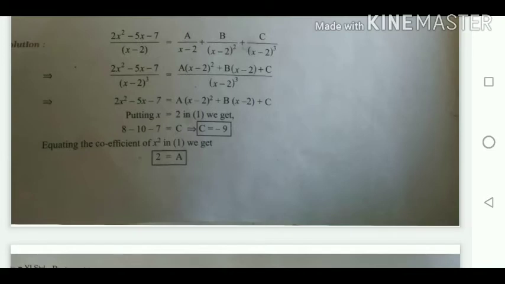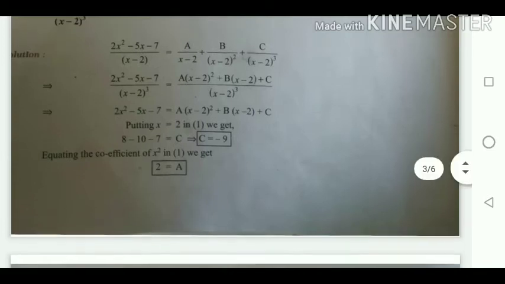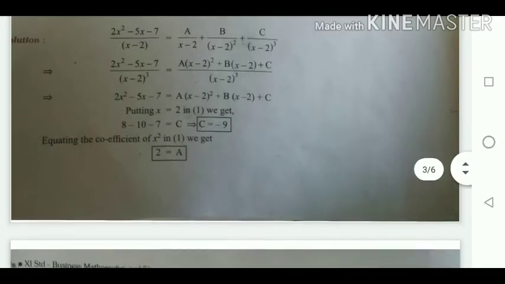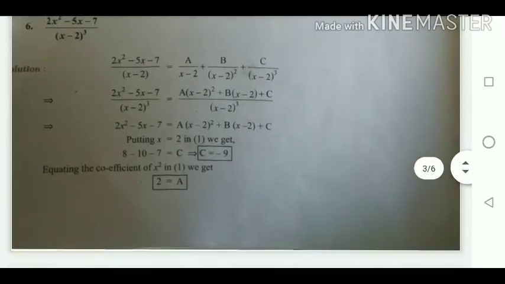Then afterwards you have to equate the coefficient of x square, because here the only one factor, that is x minus 2, is there. Okay. So there is no other factor. So therefore we are equating the coefficient of x square in order to get the value of a equal to 2. That is, in the left hand side the coefficient of x square is 2.